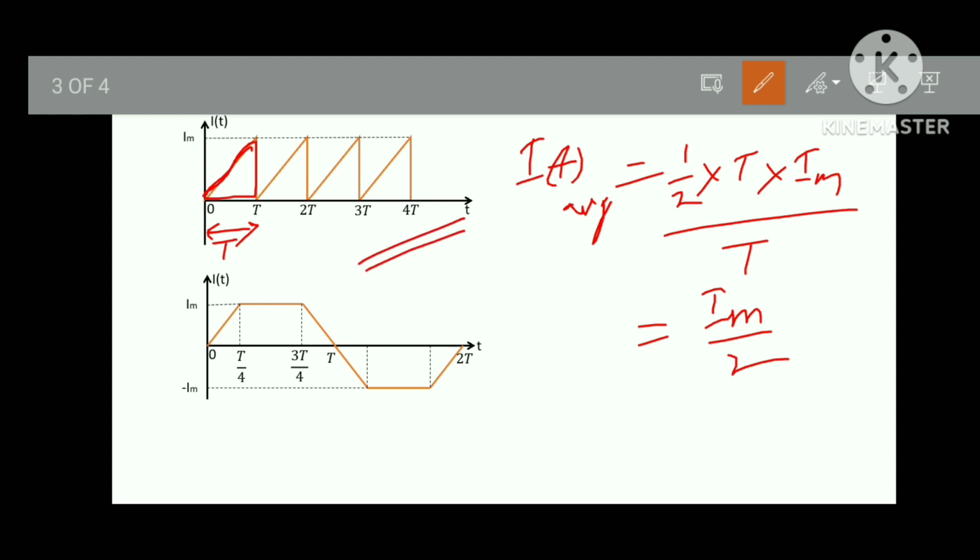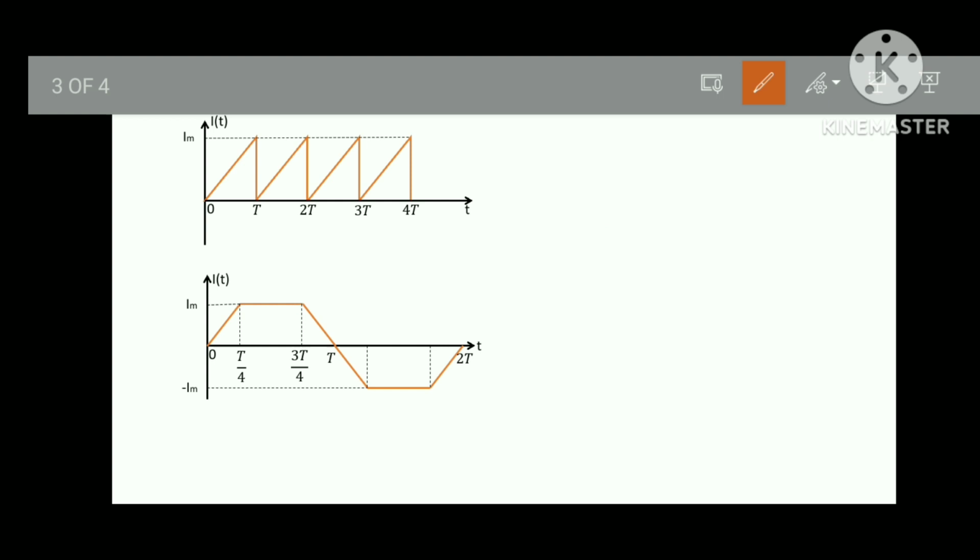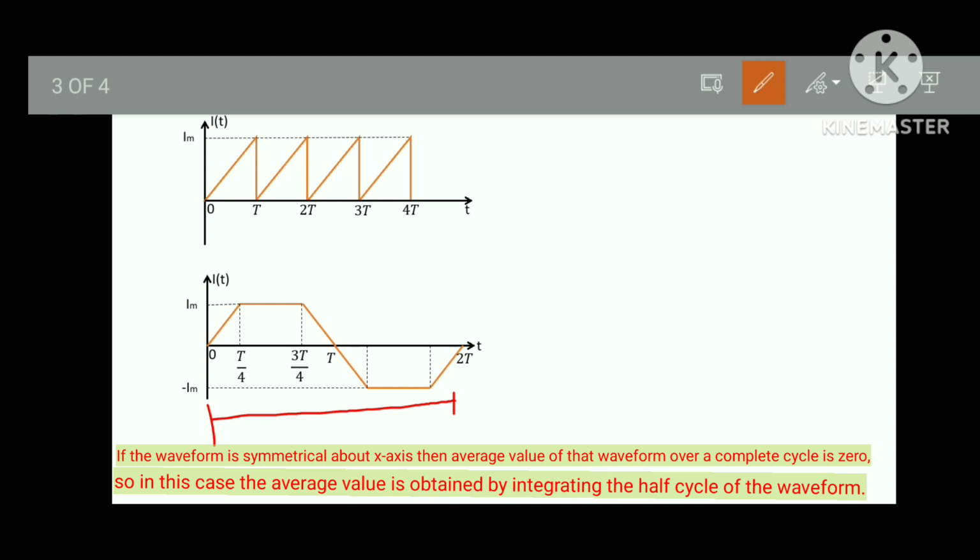Similarly, let's find out for the next waveform. Here you can see this is a complete cycle, but it is symmetrical about the x-axis. If the waveform is symmetrical about the x-axis, then the average value over a complete cycle is 0.